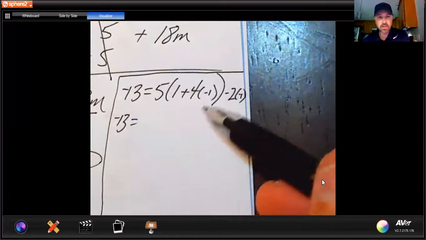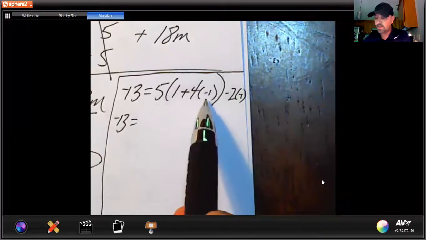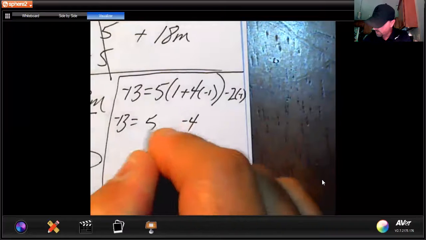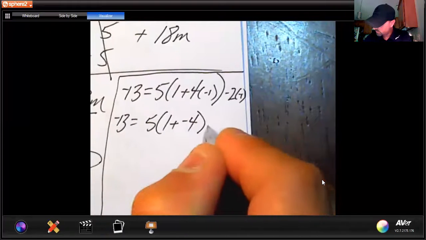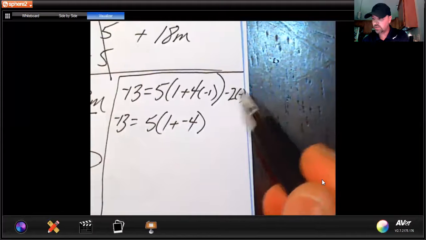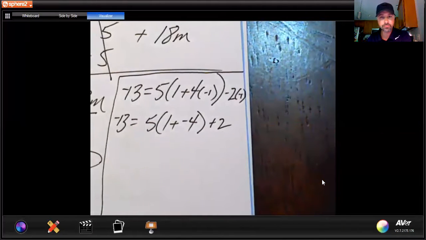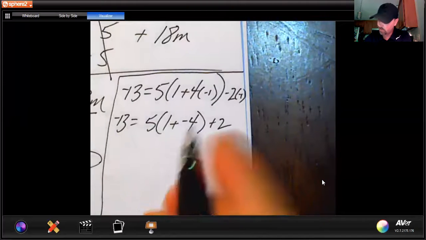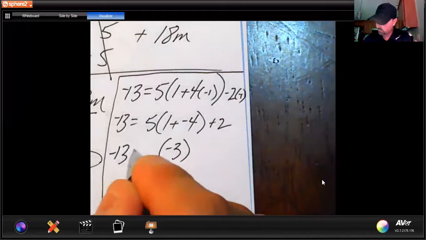so in this, we can actually work through this parentheses. So 4 times negative 1 is negative 4. I'm going to bring everything else down. I can go ahead and do this multiplication. Negative 2 times negative 1 is positive 2. All right. Work through this parenthesis still. 1 plus negative 4 is negative 3.